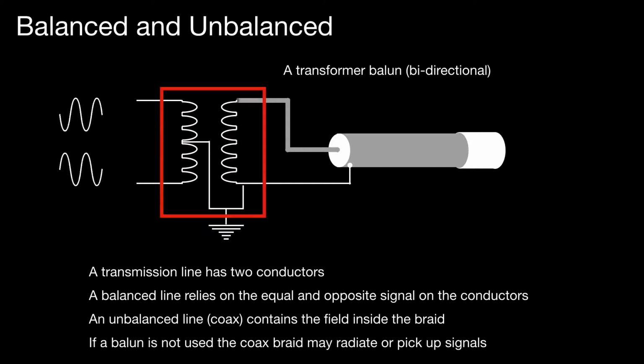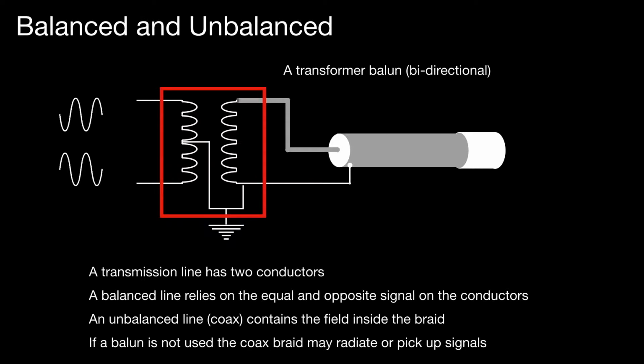If a Balun is not used, the coax braid may radiate or pick up signals. So if we simply connected a balanced line, the two conductors of a balanced line, to the centre and braid, we would find that instead of the braid just being the return path, it itself would have a signal on it, and this causes problems both in the transmit and the receive direction for us. In the transmit direction, it means that the field is no longer contained within the coax and therefore can cause interference to other devices.